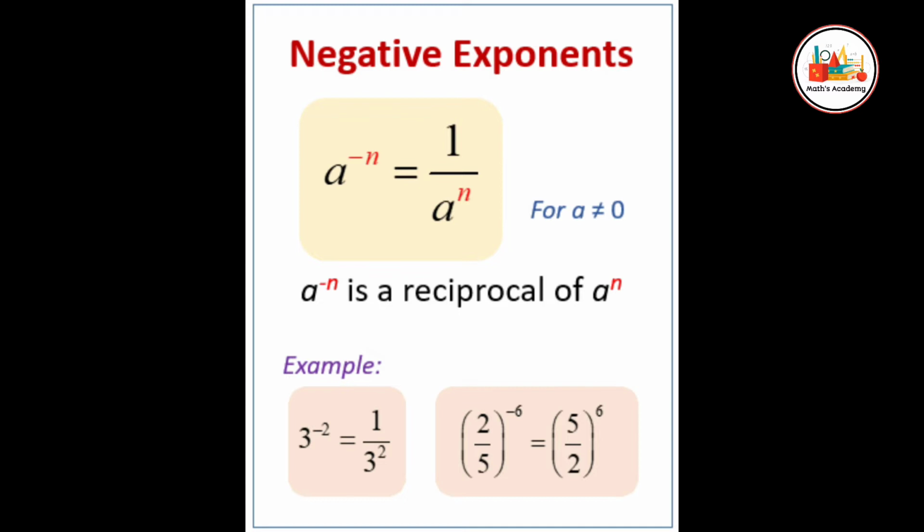When we write the reciprocal, the negative power becomes positive. So a raised to power minus n is the reciprocal of a^n. There is an example: 3 raised to power minus 2 is equal to 1 over 3 raised to power 2. The negative exponent has become a positive exponent after taking the reciprocal.